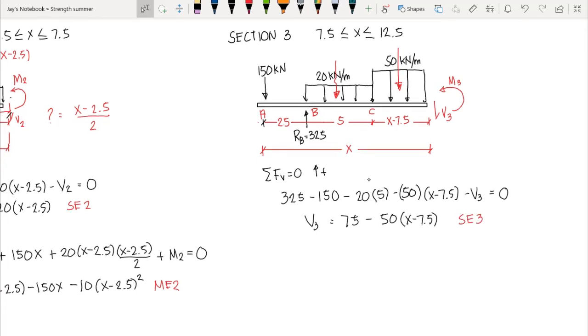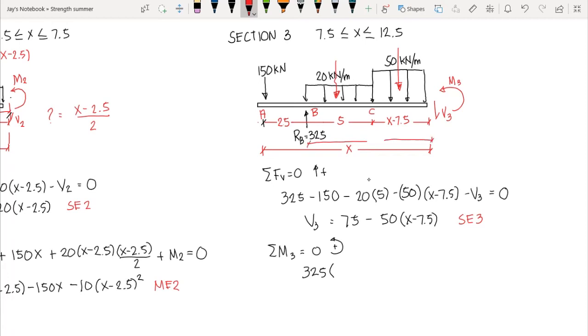So we can now compute for the moment, that is, we have summation of moment at section 3 equal to 0, counterclockwise positive. Then we have the reaction, that is 325 times the moment arm. So we have to determine this distance from our section 3.